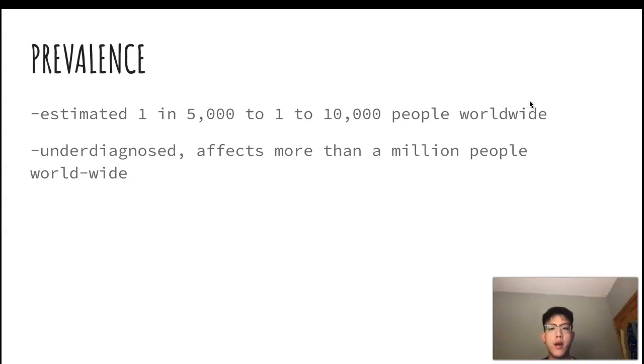It's recommended that for early prevention or intervention, HHT gets diagnosed earlier on, because as we know, it can affect organs, which can have some dire implications depending on your age, which is a risk factor. And so the earlier you diagnose HHT, the better. But it affects more than 1 million people worldwide.